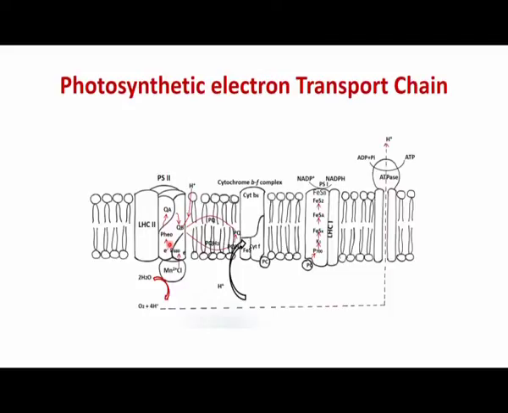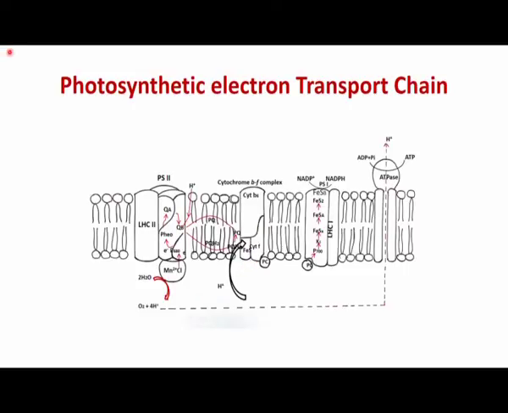So, it also contains the tetrapyrrole ring, but that tetrapyrrole does not contain magnesium in the center. Then from the pheophytin, the electron passes through several electron acceptors based on the reducing equivalents or activation potentials, and then ultimately it goes to the iron sulfur cluster containing cytochromes, and those cytochromes then generate the proton gradient, and then ultimately it is passed on.